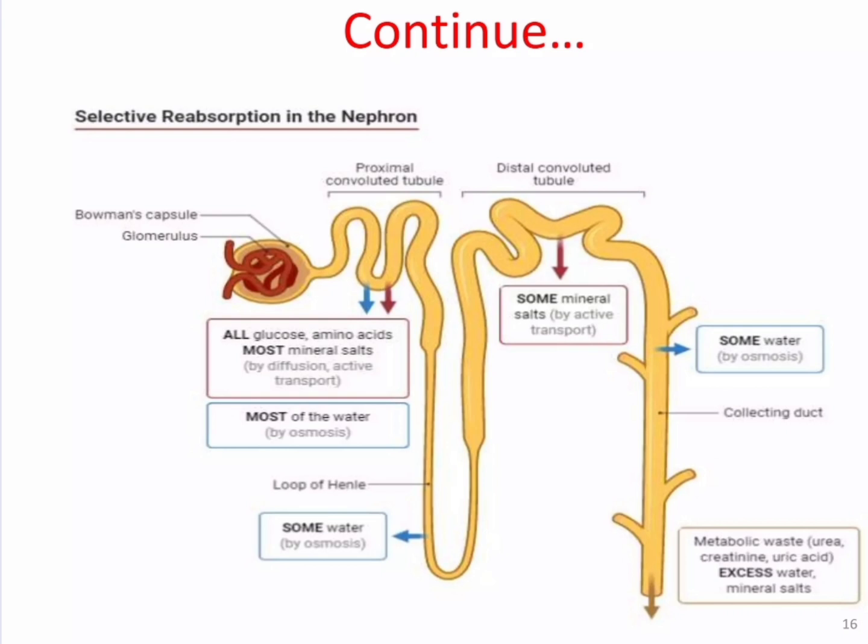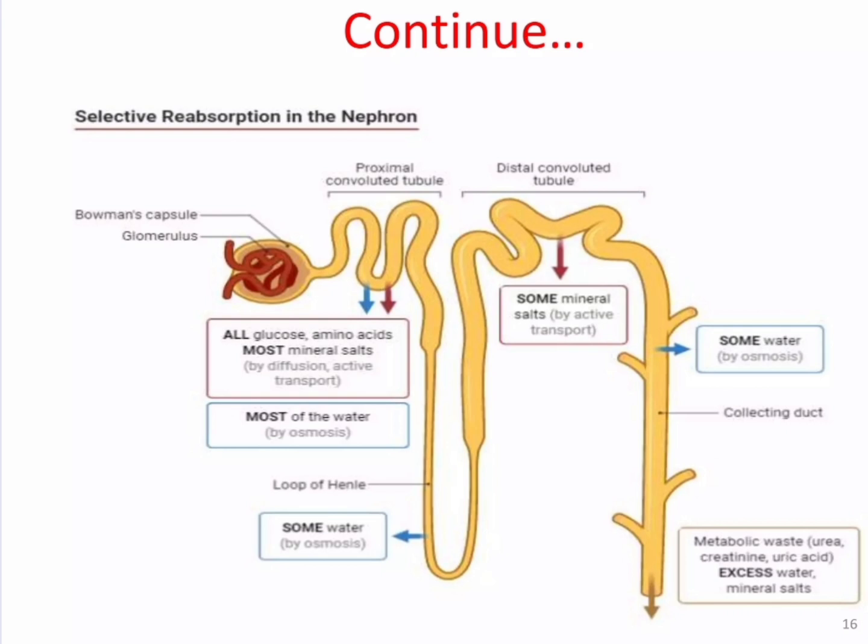How does selective reabsorption occur? Here you can see the Bowman's capsule and the glomerulus. The filtrate in the Bowman's capsule moves through the tubules, and the essential constituents are absorbed through the membrane. Almost all glucose, amino acids, and most minerals are absorbed, and most of the water is absorbed by osmosis. Next it comes to the loop of Henle, where some water remains.